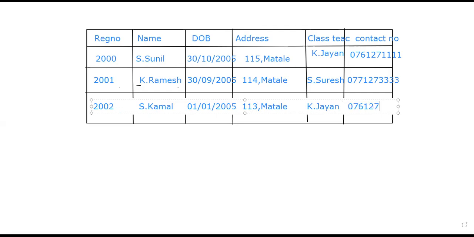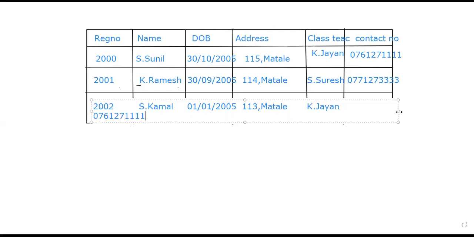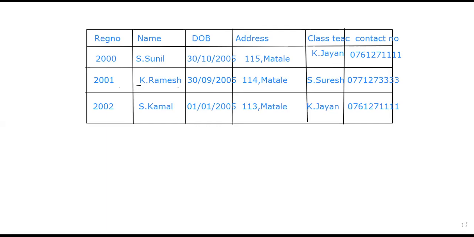the same which we gave above. Because now the key thing to note here, my dear students, if you consider this data, this table, here the registered number, there is a student with the registered number 2000, and the name of the student is Esther Sunil, and the date of birth of the student is 30th October 2005, and the address of the student is 115 Mathali.